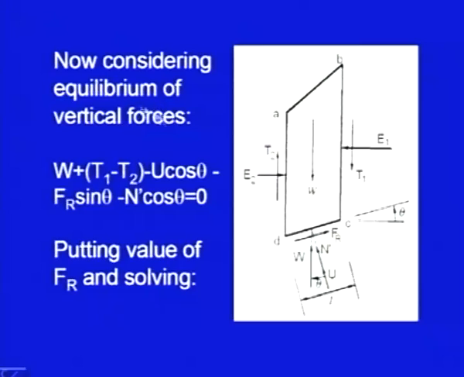Now, considering the equilibrium of the vertical forces, this is important in this particular method, that the expression which we are going to derive is based on the equilibrium of vertical forces. So, when you consider the vertical forces, these E1 and E2 forces will not come into picture, and we will have W acting in downward direction plus T1 minus T2, and then component of U in the vertical direction.